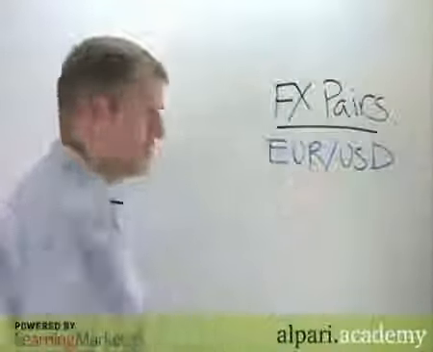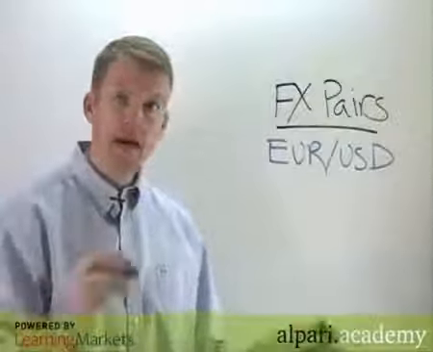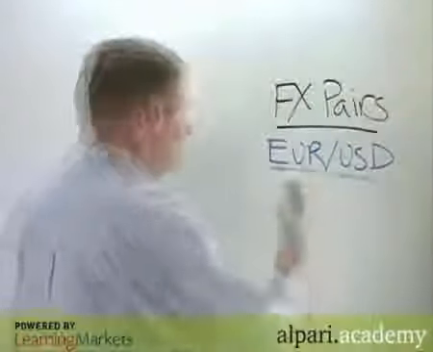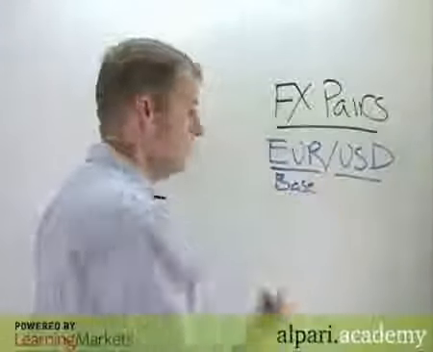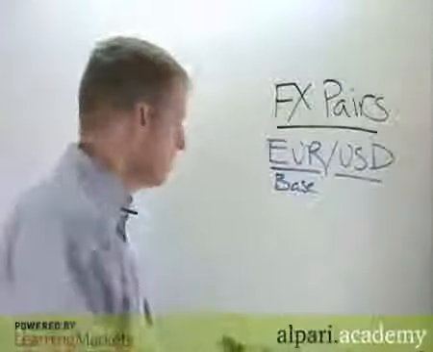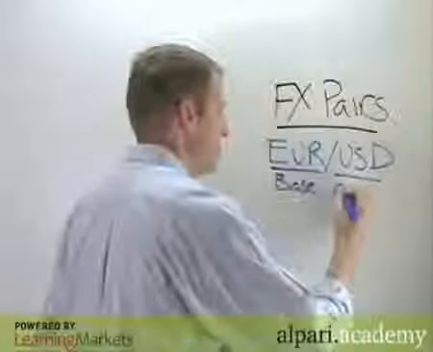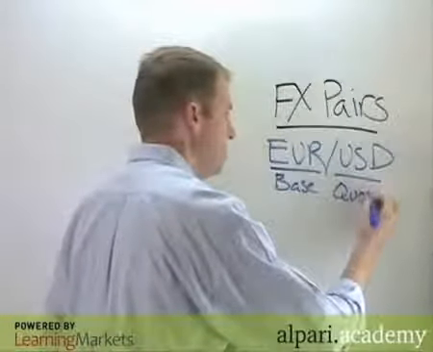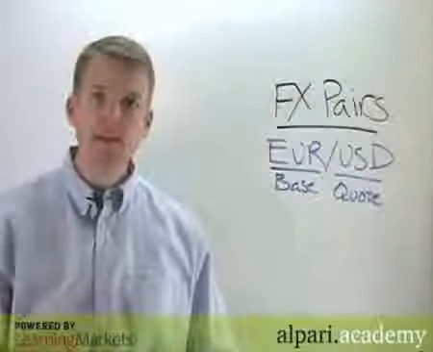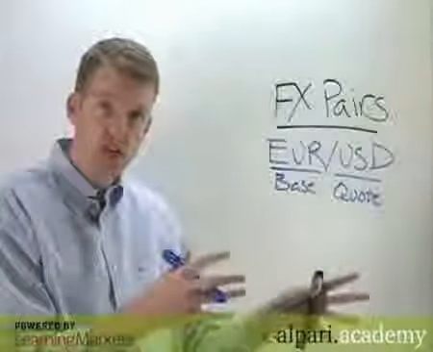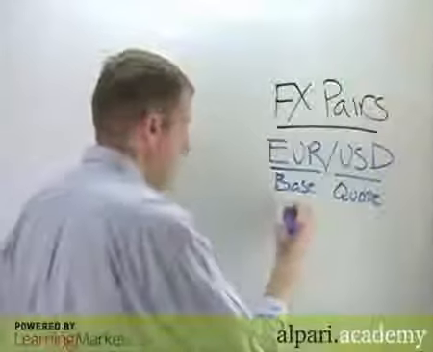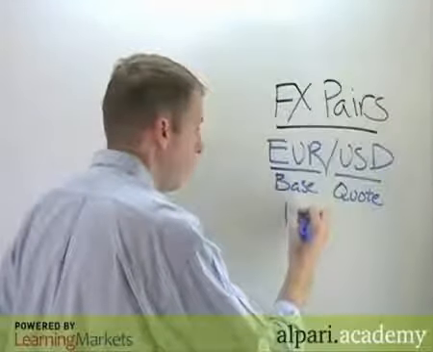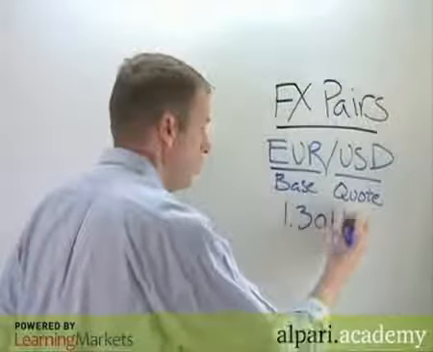Now the Euro USD, there are a couple of things that you need to understand about how a Forex pair works. The first currency here is called the base. The first one in the quoted pair is the base currency, and the second one is the quote. Now, in this case, what this really means is when you're looking at the exchange rate, which, for example, on the Euro USD, right now the exchange rate is at about 1.3011.